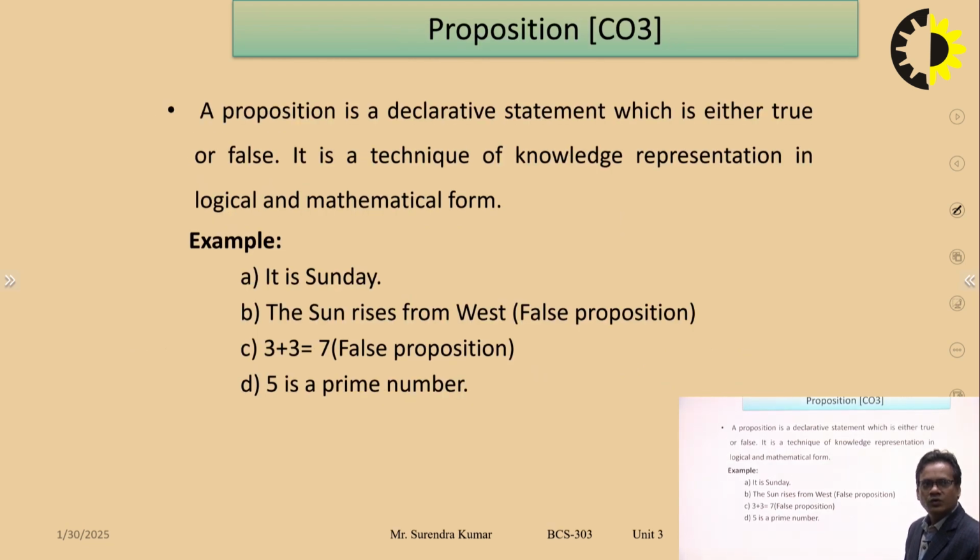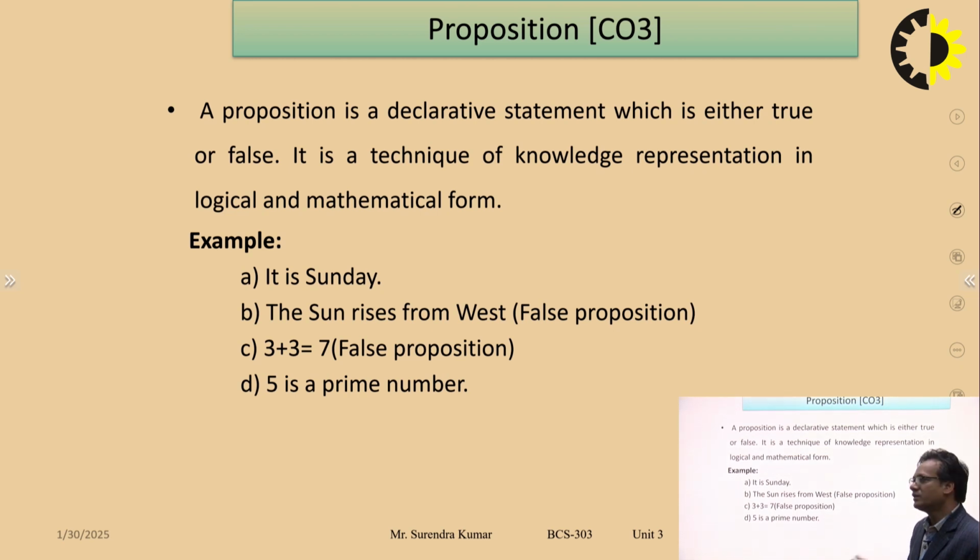Now what is a proposition? A proposition is a declarative statement which is either true or false. It is a technique of knowledge representation in logical and mathematical form. So what is knowledge?